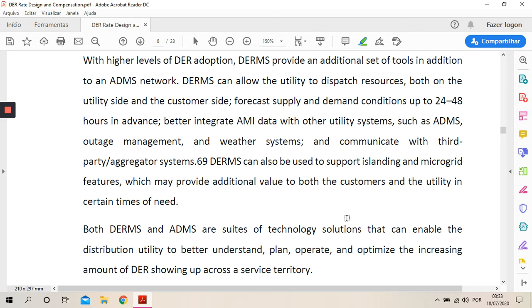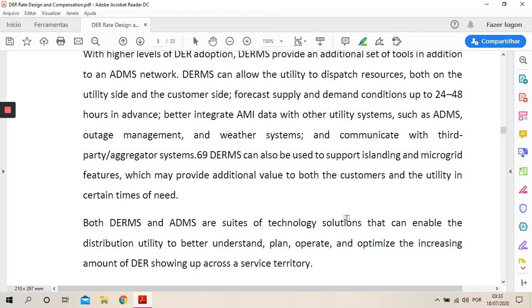DERMS can also be used to support islanding and microgrid features, which may provide additional value to both the customer and the utility in certain times of need.